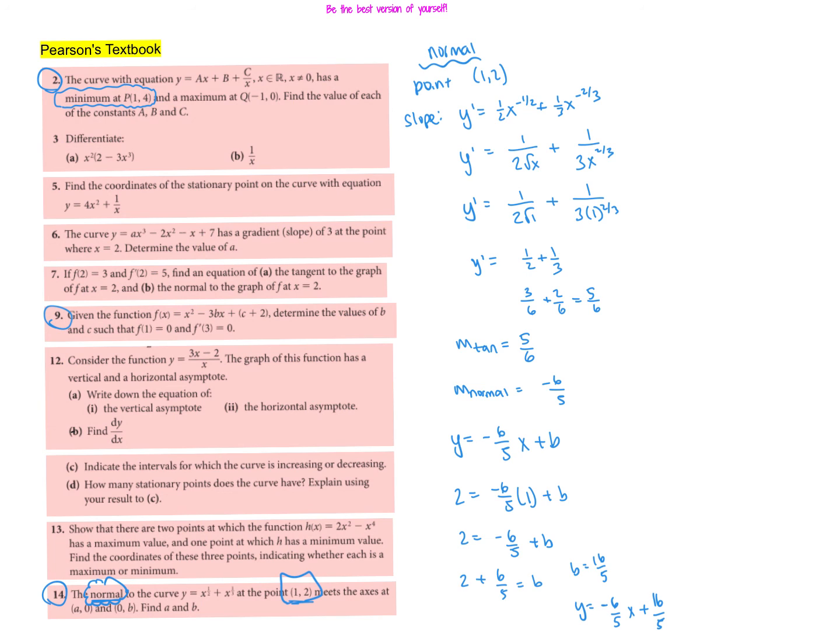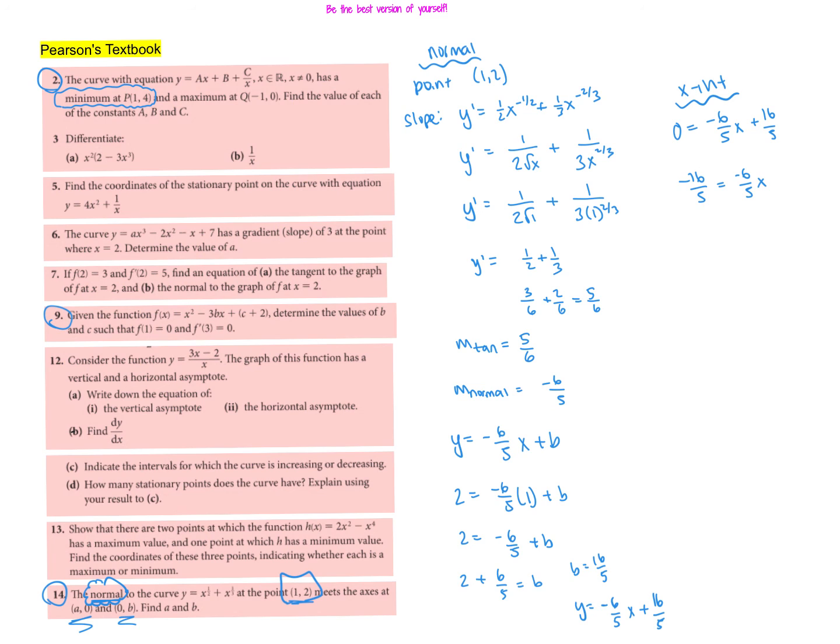Okay, so that's the normal. So the normal meets the axes at, so basically it wants us to find the x-intercept and the y-intercept. So let's start with the x-intercept. To find the x-intercept, we're going to set y equal to 0: 0 equals negative 6/5 x plus 16/5. I'm going to subtract 16/5.